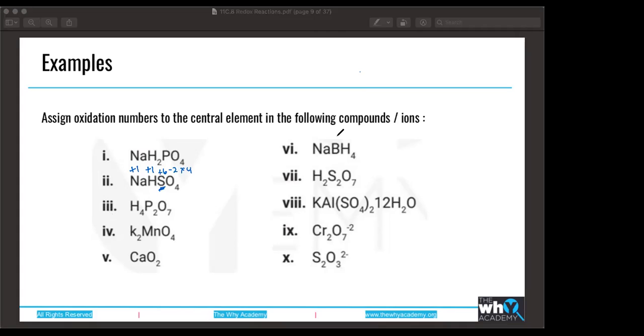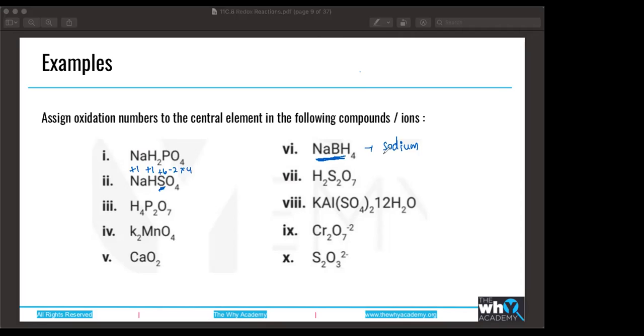Next, what is the oxidation state of boron in this? So this is sodium borohydride. Hydroborate, sorry.